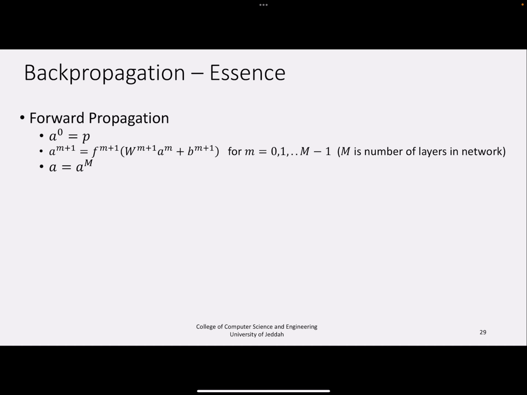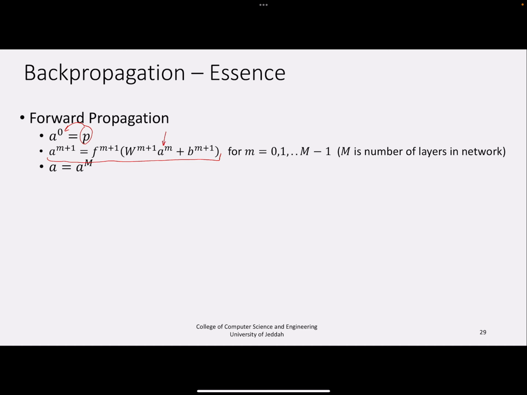First, there's the forward propagation phase, in which you apply your input, call it A0, and you let that input ripple through all the layers of your neural network towards the output. We've done that many times now, so there should be no mystery over here.